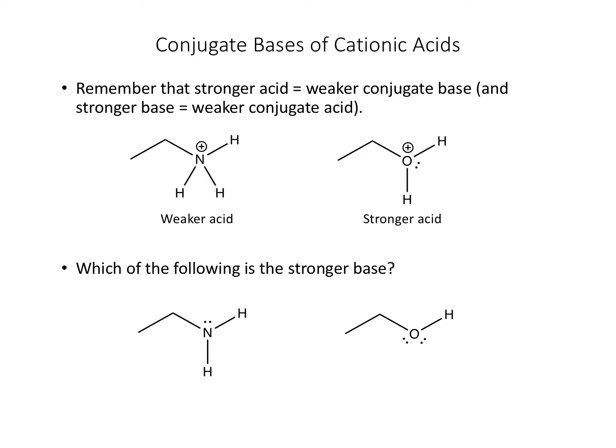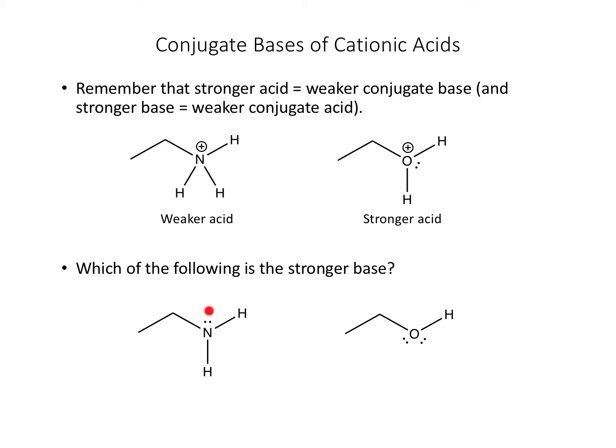Now remember that there's a relationship between the strength of an acid and its conjugate base, or a base and its conjugate acid. The stronger the acid is, the weaker its conjugate base, and vice versa. The weaker the acid is, the stronger its conjugate base. So not only can we use this information about cationic acids to determine the relative strength of two acids, but I can also use it to compare various bases.